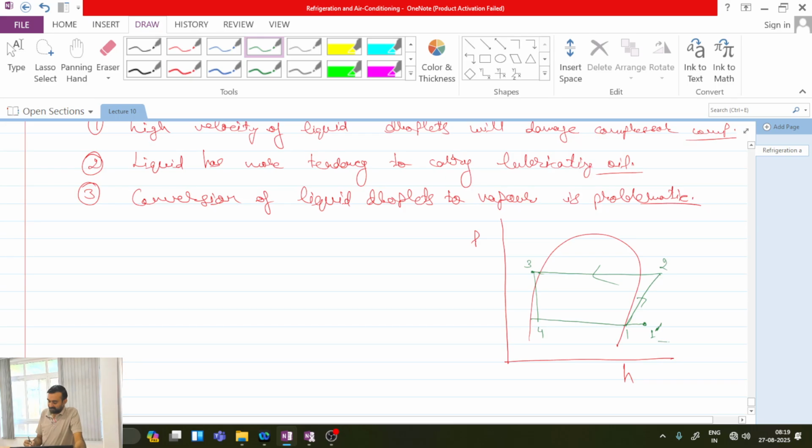And 1 dash point is nothing but the superheated state. Is this point clear? So 1 dash point is the superheated state.